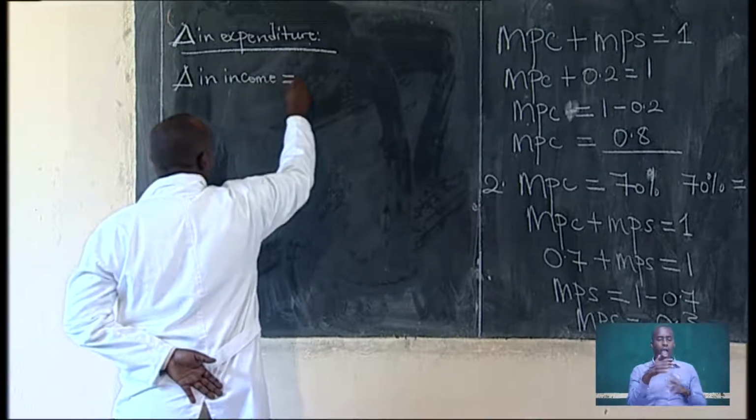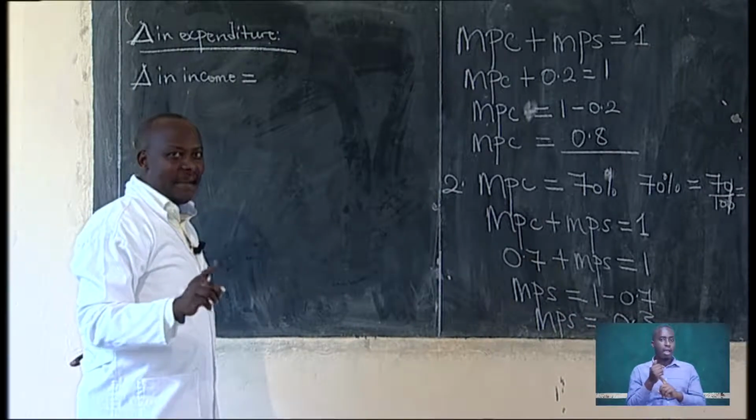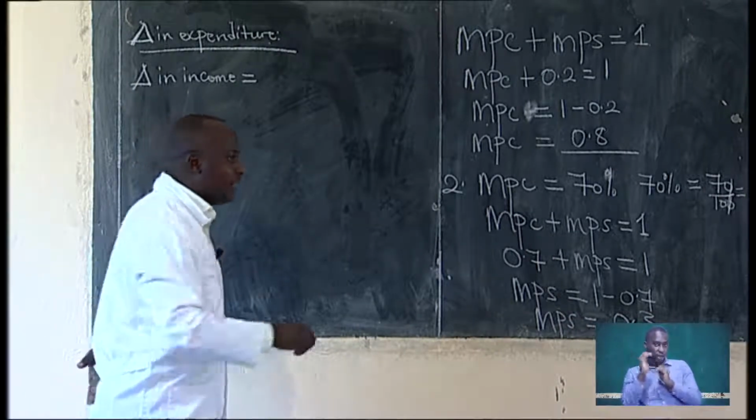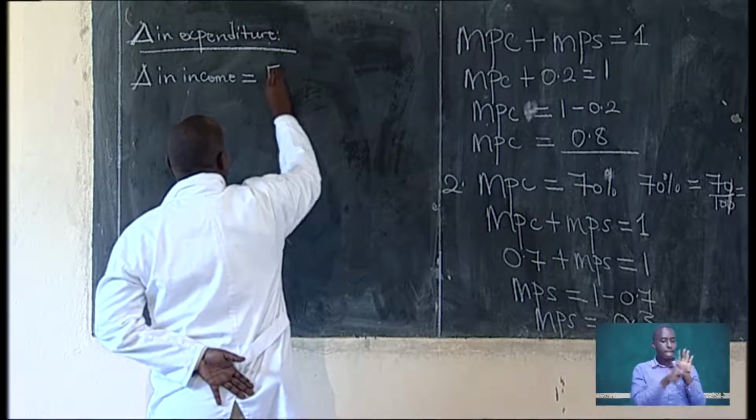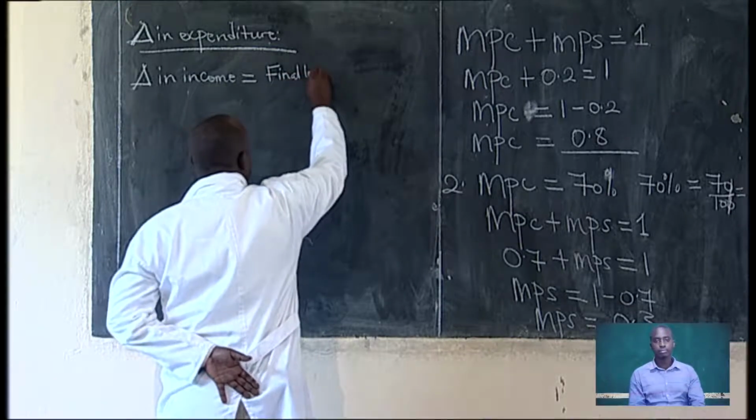To get a change in income, we take the final level of income minus the initial income.